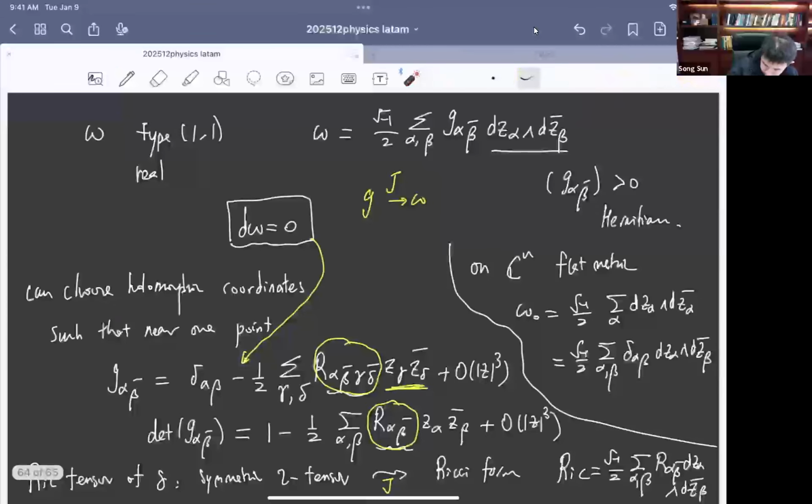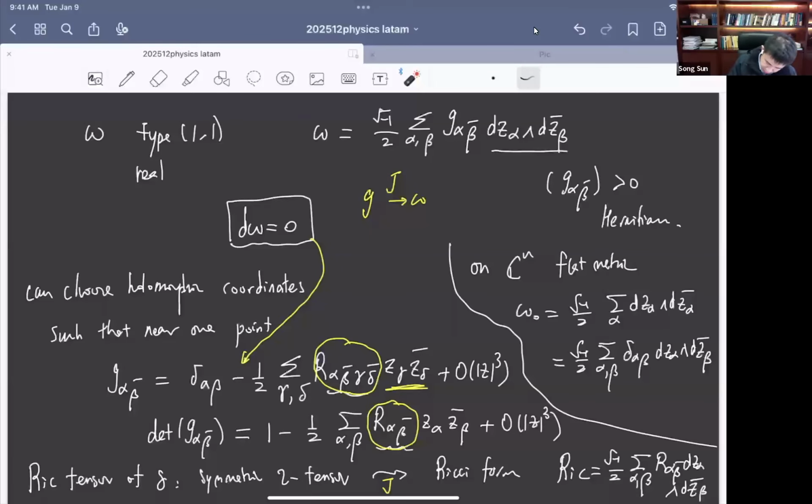If you understand the definition of the first Chern class, then this essentially follows from the definition, because the determinant of the metric defines a Hermitian metric on the anti-canonical line bundle, and normally if you have a Hermitian metric on a line bundle, the first Chern class can be computed using dd bar of log of that metric.